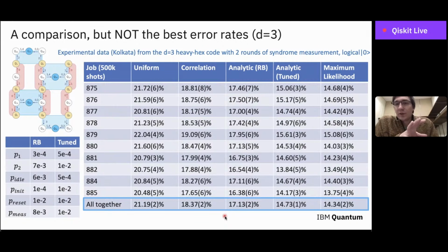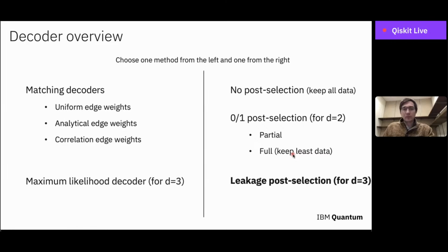This was a preliminary experiment where we compared all the different decoding methods for our d=3 code, and we see that the maximum likelihood decoder is performing the best, followed closely by the analytic model where we tune the parameters of the noise. We tune the parameters so that we're getting the best decoding possible. Okay, so that was the maximum likelihood decoding, which we'll return to for our final results.